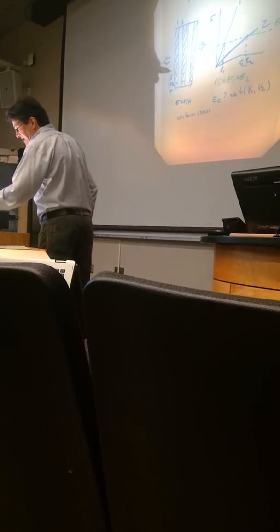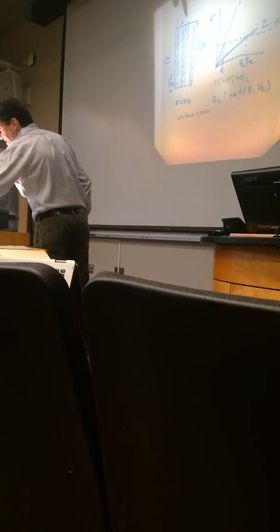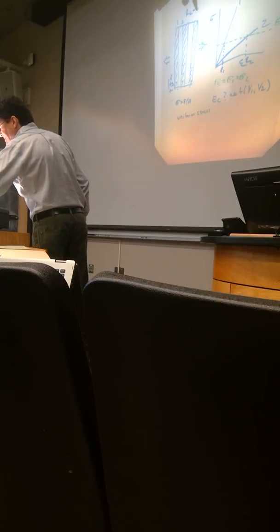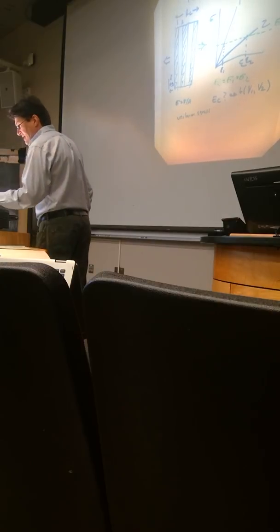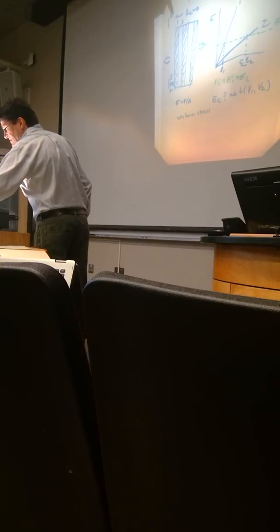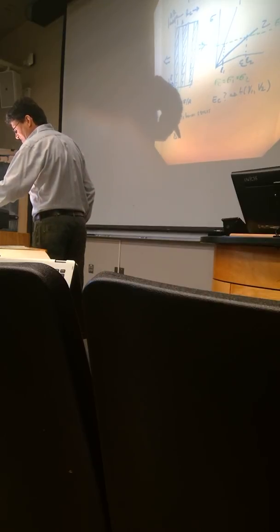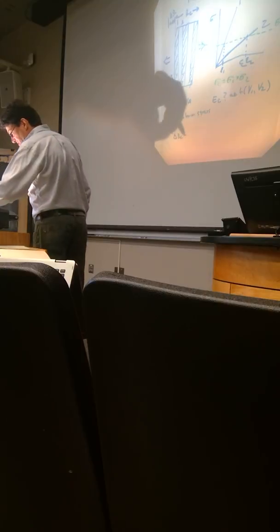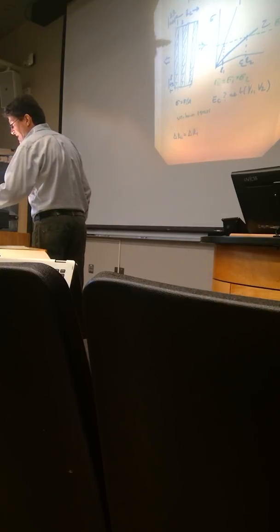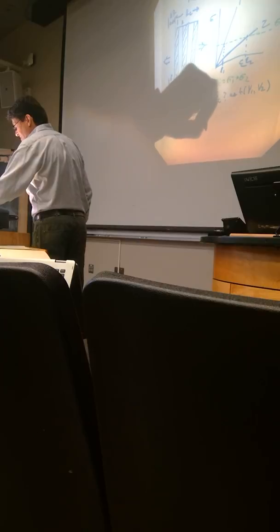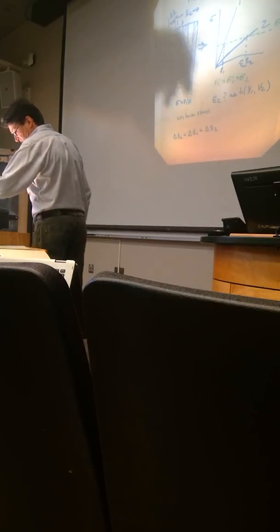And if we look at how much this changed, so if this was some length of the composite, LC here, it changed, and we got some delta L from the application of that force, same with the delta there. We would say change in length of the composite is equal to the change in length of material 1 plus change in length of material 2. We know that strain is delta L over L naught.